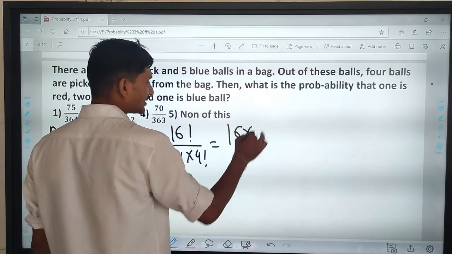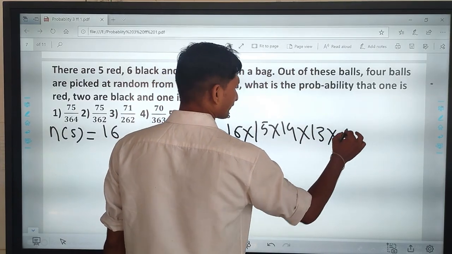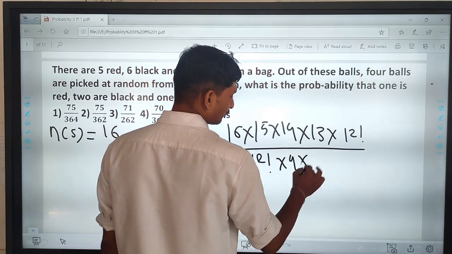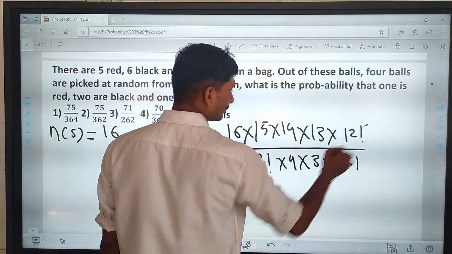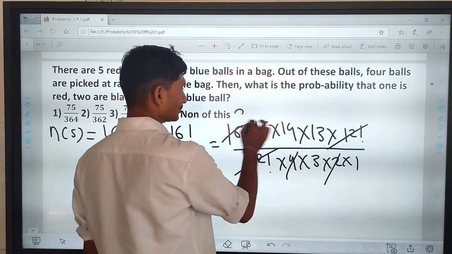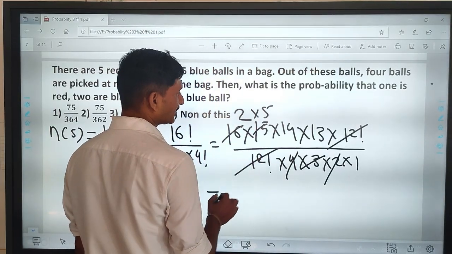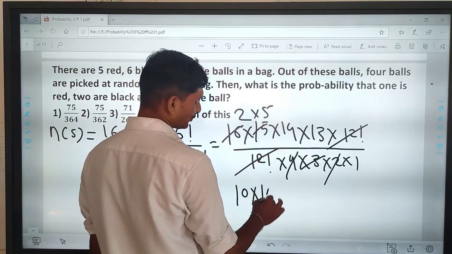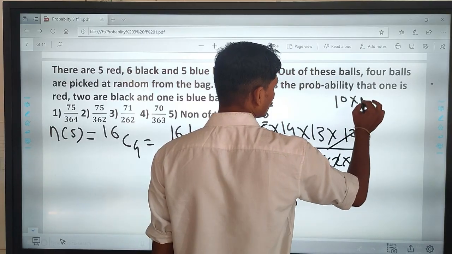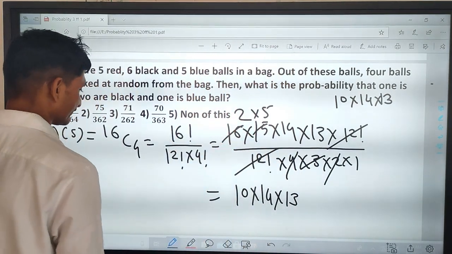Here 16 factorial means 16 into 15 into 14 into 13 into 12 factorial divided by 12 factorial into 4 factorial. 4 factorial means 4, 3, 2 into 1. 12 factorial gets cancelled. Then remaining is 10 into 14 into 13.